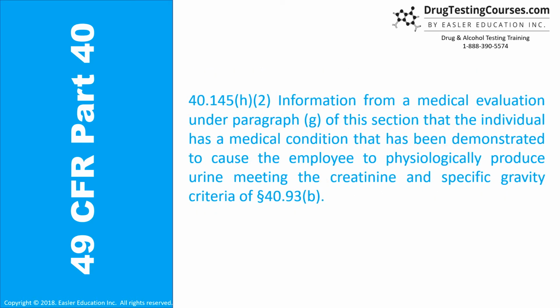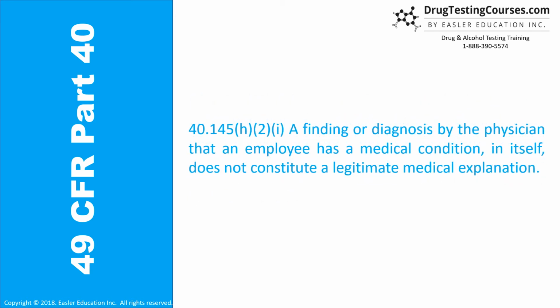40.145(h)(2). Information from a medical evaluation under paragraph (g) of this section that the individual has a medical condition that has been demonstrated to cause the employee to physiologically produce urine meeting the creatinine and specific gravity criteria of Section 40.93(b). 40.145(h)(2)(i).